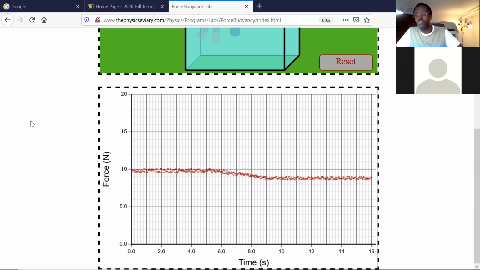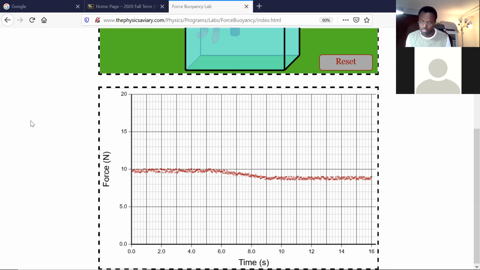Each time the buoyant force will be on the vertical axis, because it's the buoyant force that we want to explain. For the second part of the lab, the density will be on the horizontal axis. For the first part, it's the gravitational acceleration that will be on the horizontal axis.